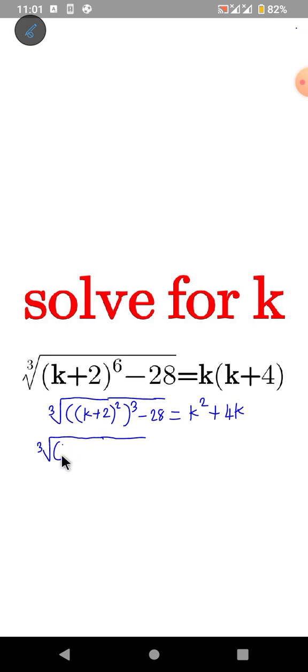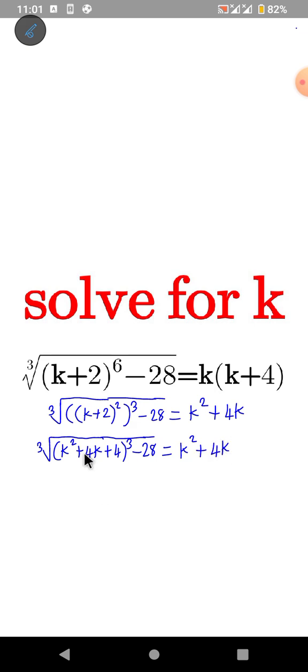So here will become k square plus 4k plus 4, close my bracket, then all raised to the power of 3 minus 28, then all equal to k square plus 4k.